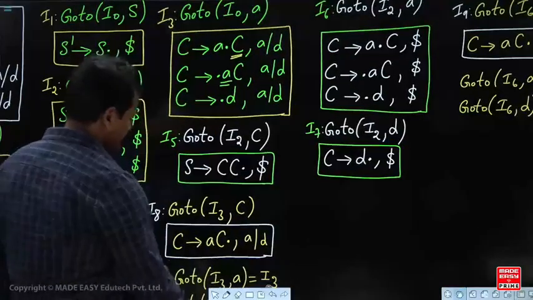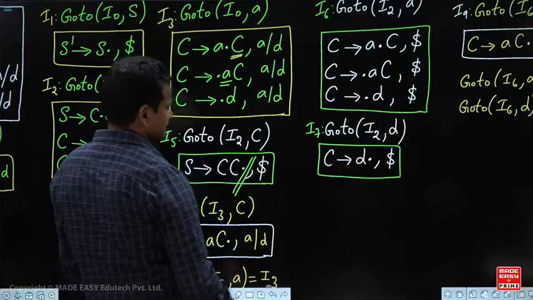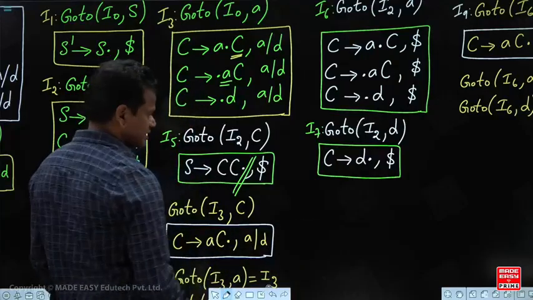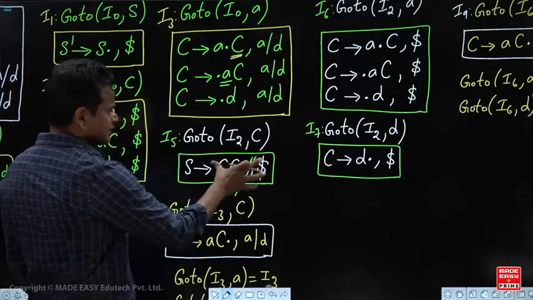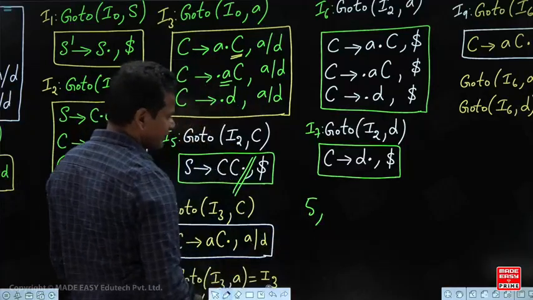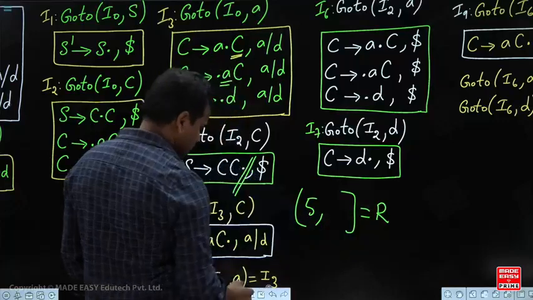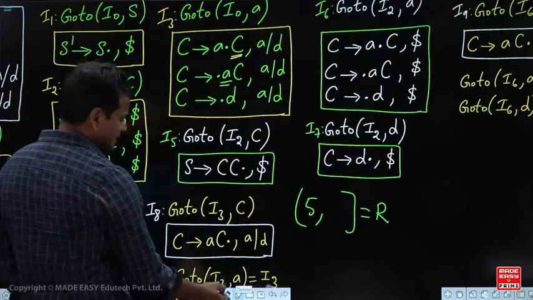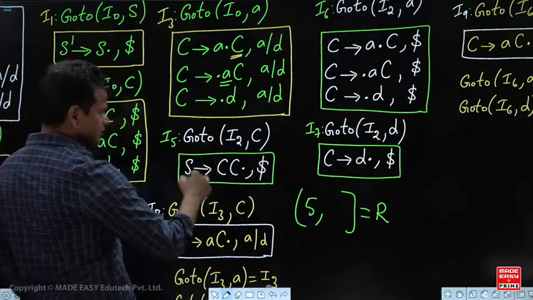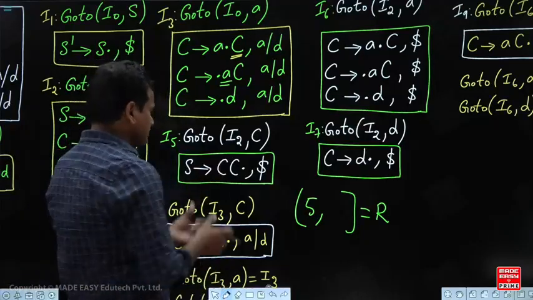Come to I5. Whenever the dot reaches the end, we must write the reduce operation. Where? In this state. What is the name of the state? 5. So in the 5th row, we must write the reduce. Why reduce? Because the dot has reached the end. And reduce by this number. What is the production? S goes to CC.